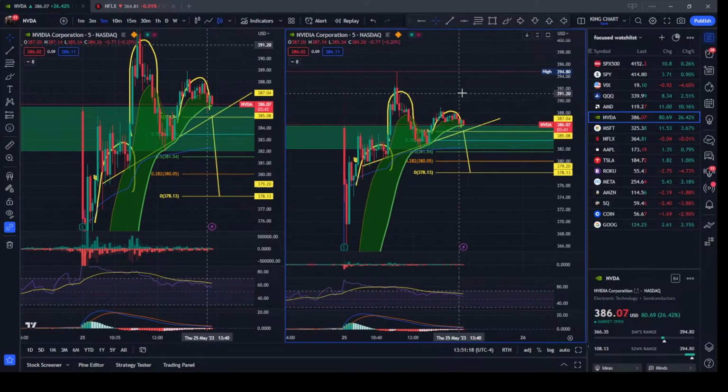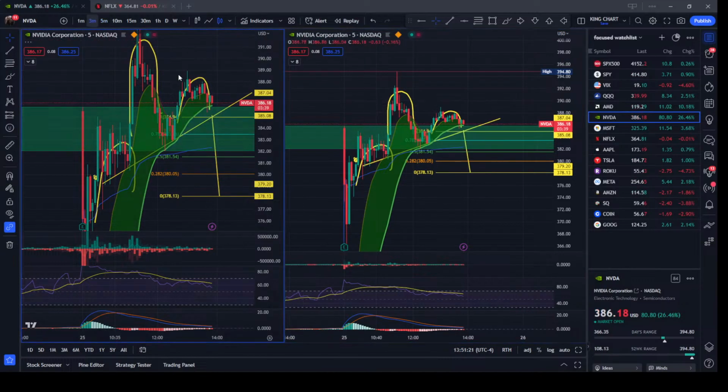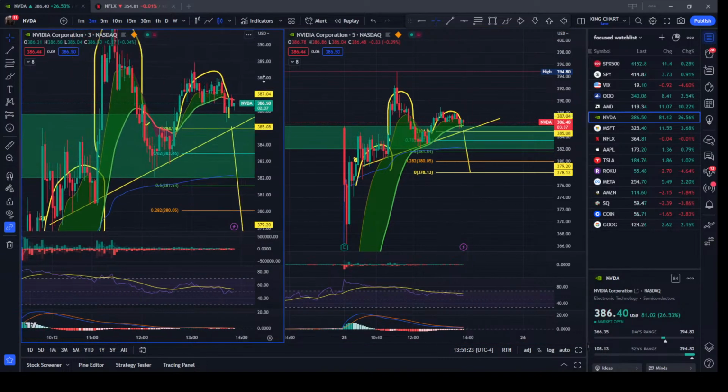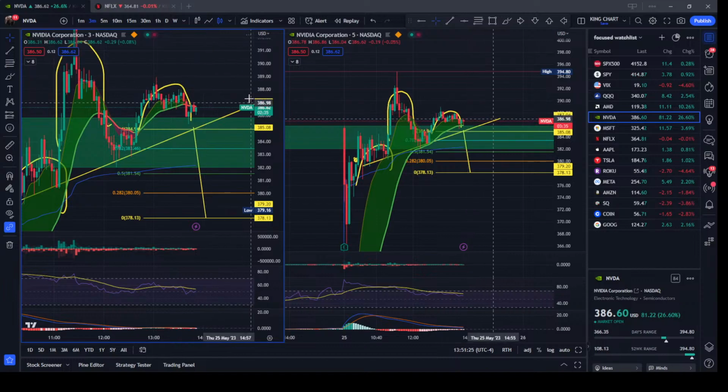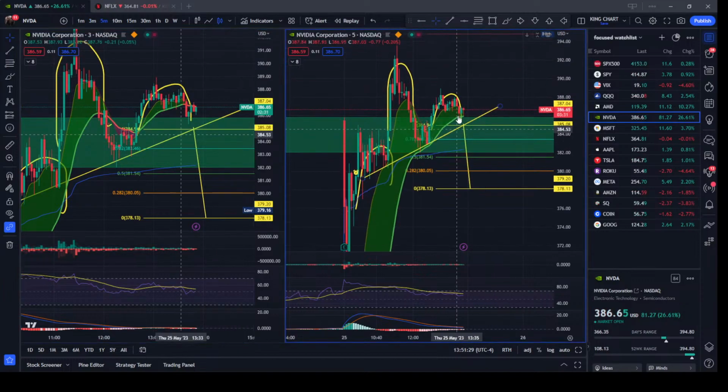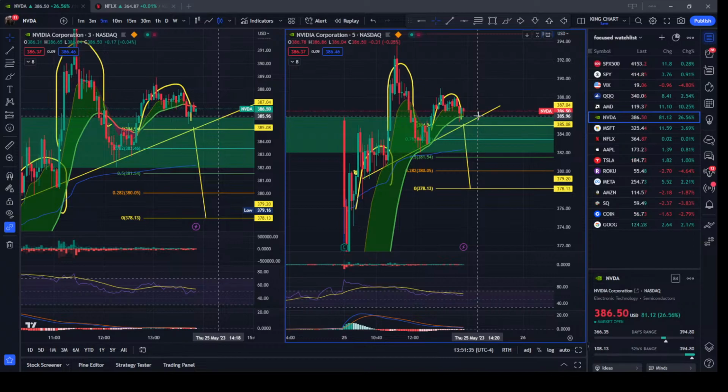And we found this pattern on the 5, so we're going to play it off the 3. Yeah, that makes sense. Because if you look here on the 5, the overall trend is bullish, but it is weaker. All we need to do is just break below that 21 EMA, which is 385.96. And I think we should get some nice downside there.